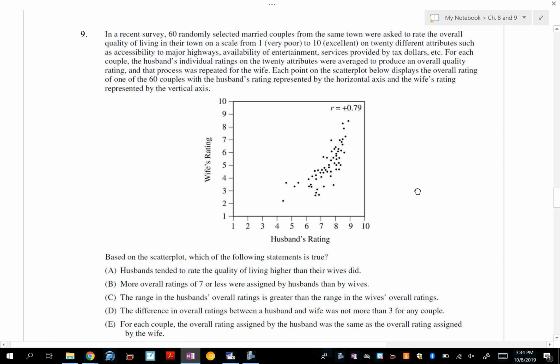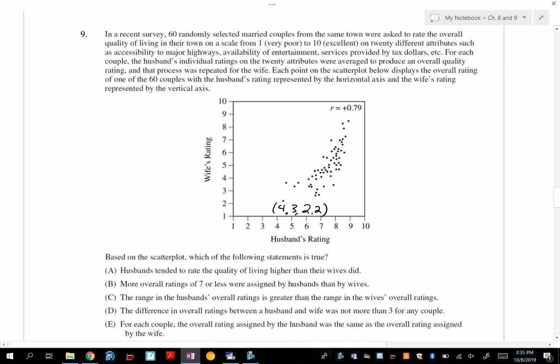So, you see the lowest rating for the husband is this point here, 4.3, comma, 2.2? Just made it up. That's when you said that it affects the other. What affects it? That one point. If I take it out, it's going to change. But right now, I just want to show you that the lowest rating for the husband is above 4.